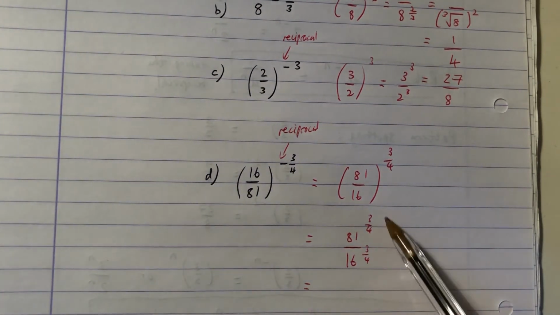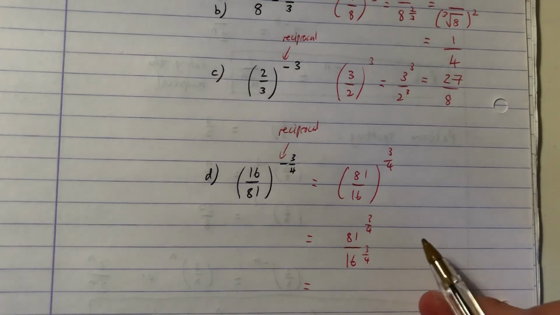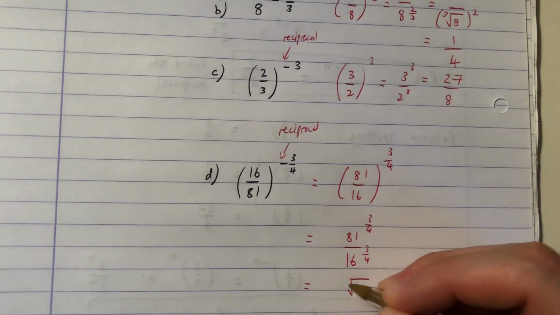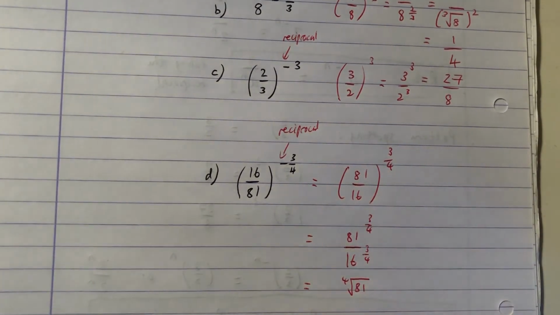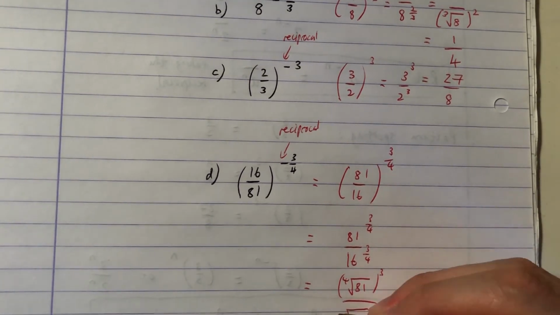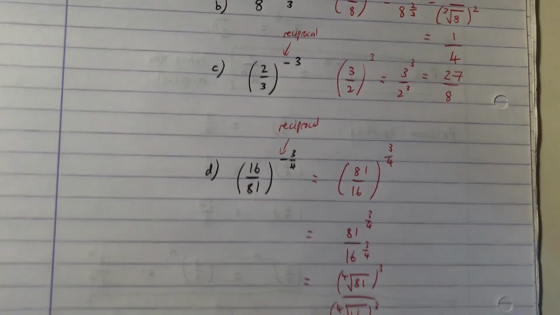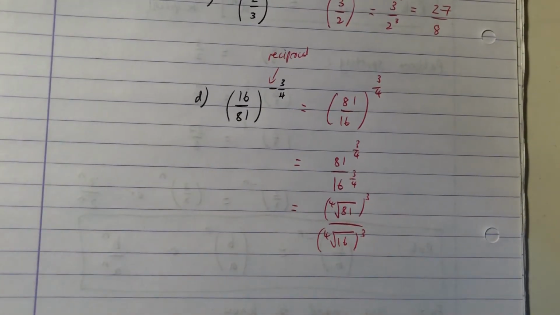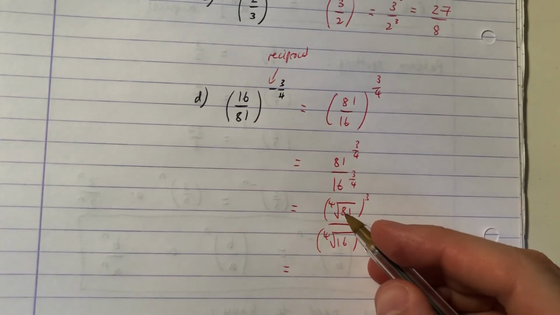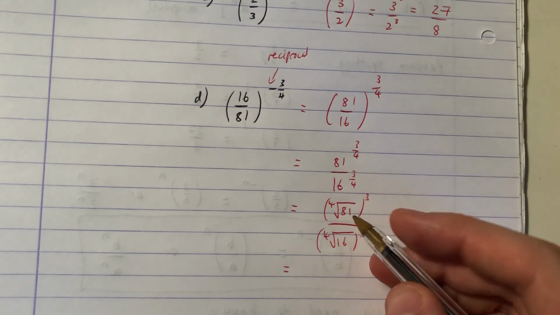Okay, fractional powers, what do they do? Now the denominator is the root and the numerator is the normal power. So this is the 4th root of 81 cubed, and this is the 4th root of 16 cubed. And that would be the perfect workings for this. A number times by itself 4 times gives you 81. That number is 3.